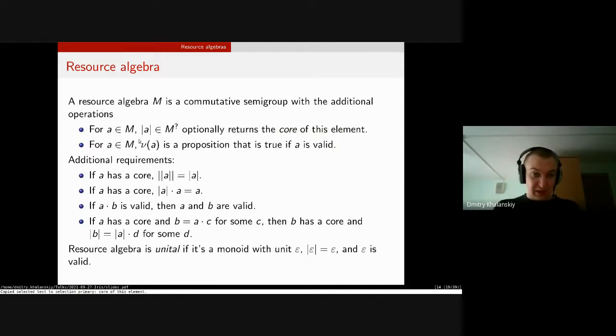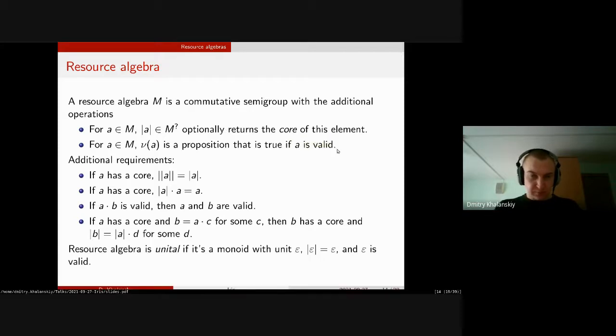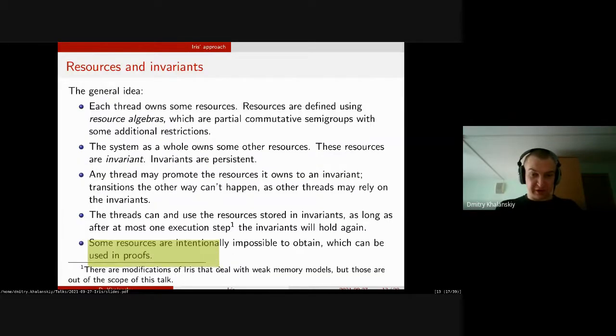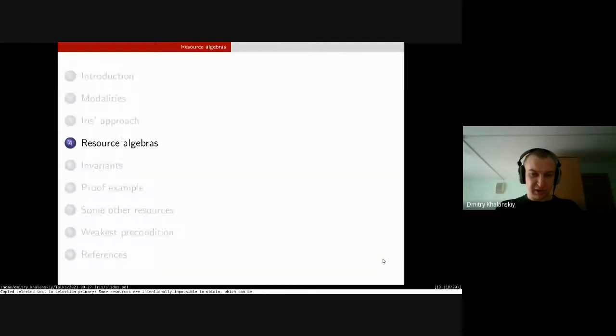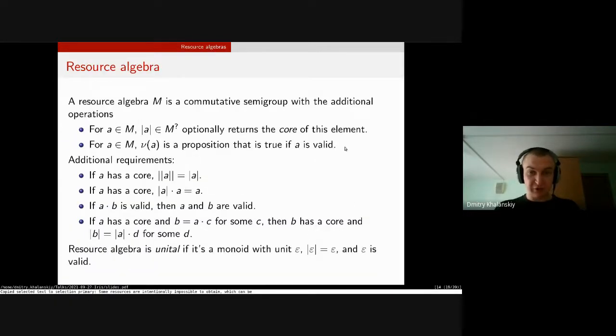And this operation nu of A is a proposition that is only true if A is a valid resource. As I said, some resources are intentionally impossible to obtain, and these resources are exactly the invalid resources.